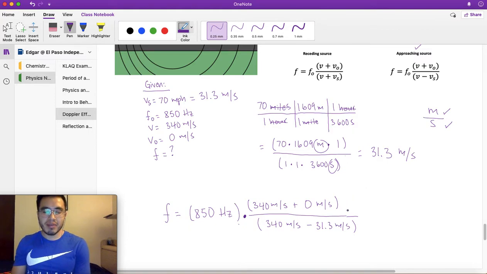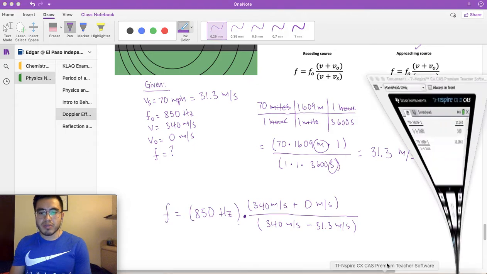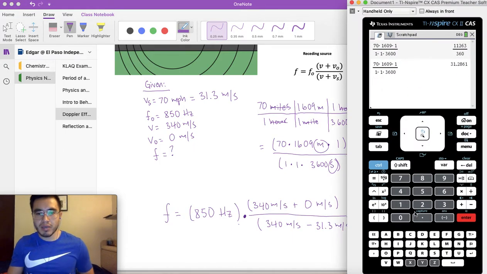And here's a dot so we don't forget we have to multiply. You could simplify because 340 plus 0 is just 340. We could make this subtraction, but let's just use this one over here. 850 times parentheses 340. I'm not going to add plus 0.